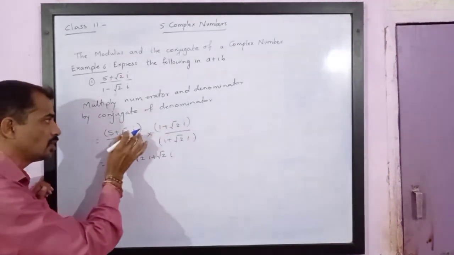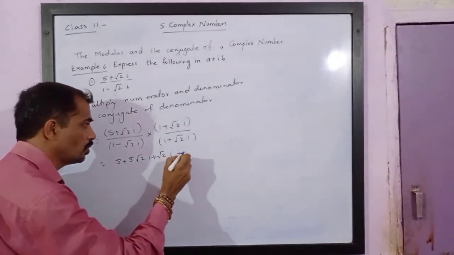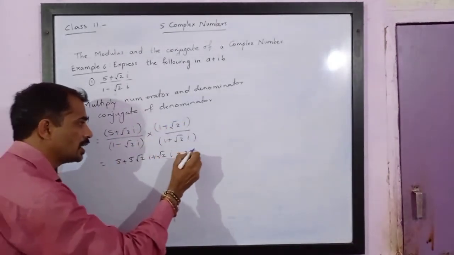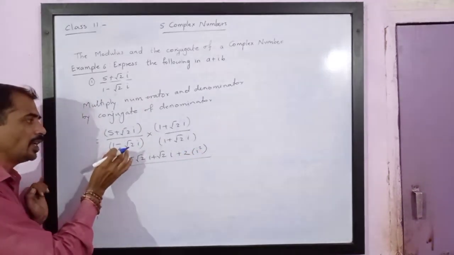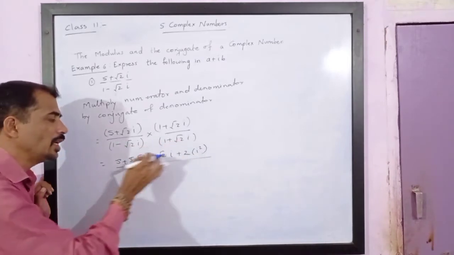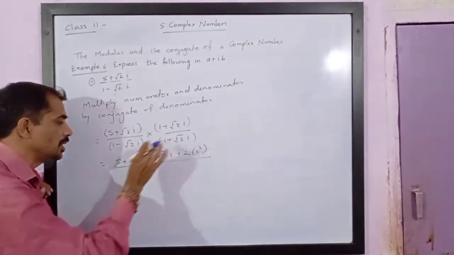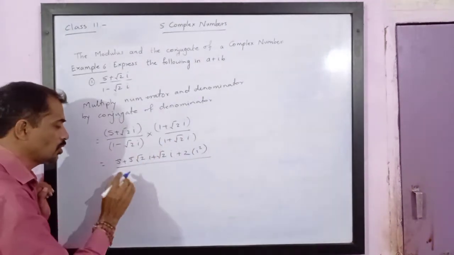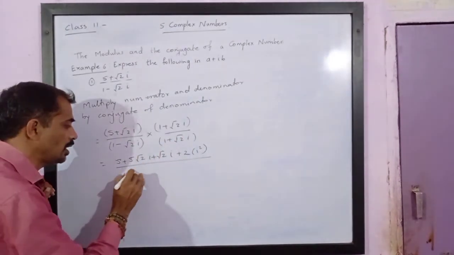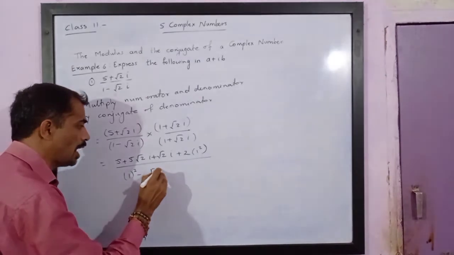Second into second is root 2 into root 2, which is 2, and i into i is i square, upon, at the denominator, a minus b into a plus b, we get a square minus b square. Now i square comes, so this becomes 1 square minus root 2i whole square.